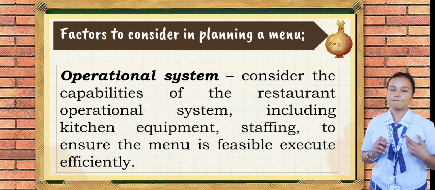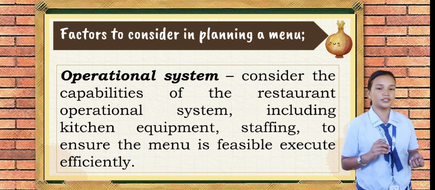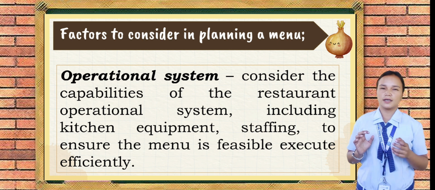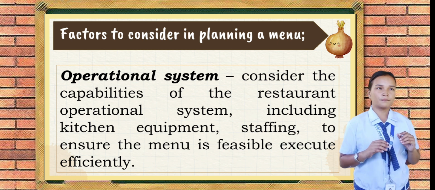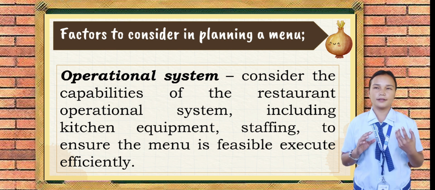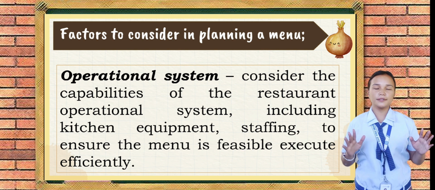So if dili nato i-consider ang operational system sa atong kitchen, especially sa mga kitchen equipments, there is a big possibility nga di nato mahatag sa customer ang that specific food nga ilang gipili sa menu kay kulang ang equipment.